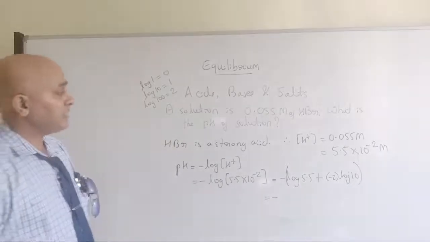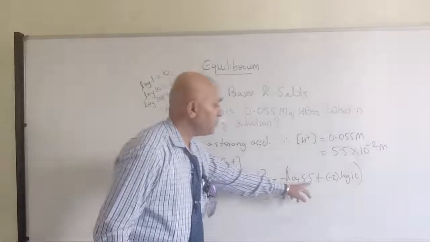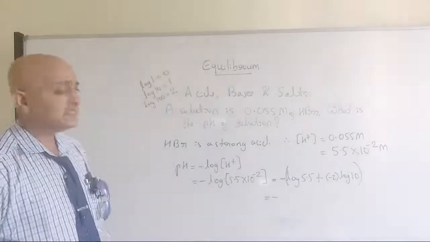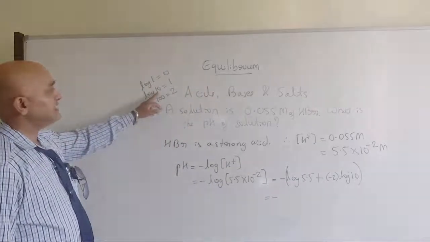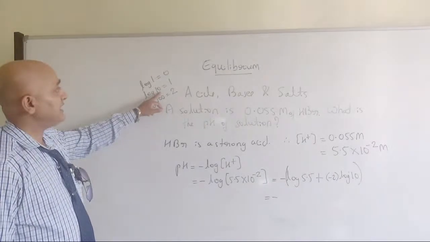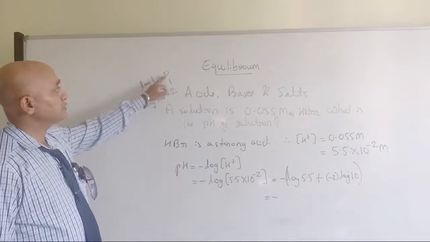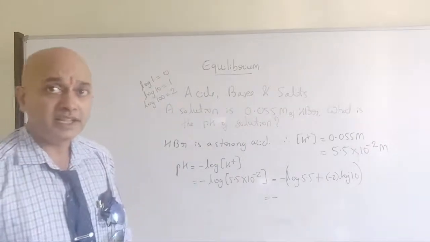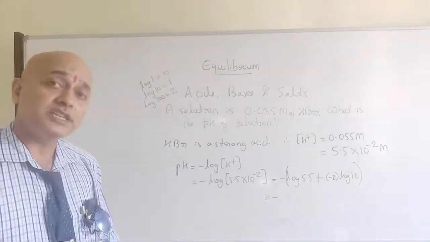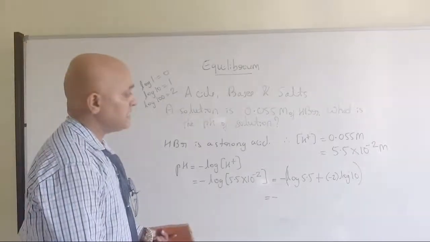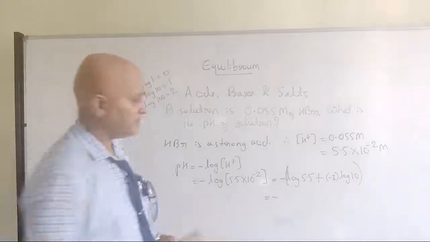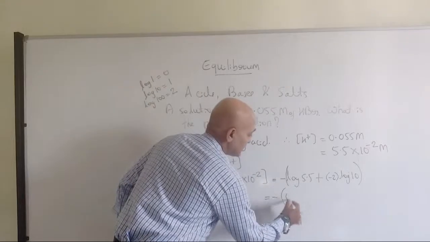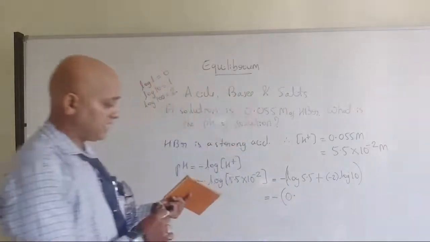Here it is 5.5, which is less than 10 and more than 1. That means its log should be between 0 and 1. All of you will agree with me? So it should be in decimals, so I will make it 0 point.